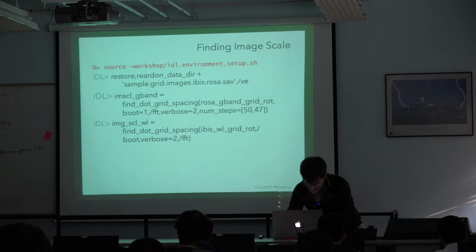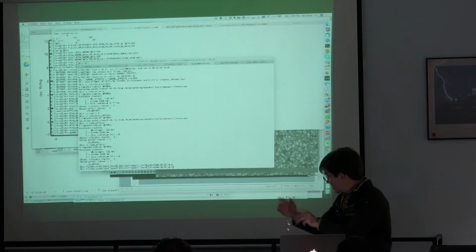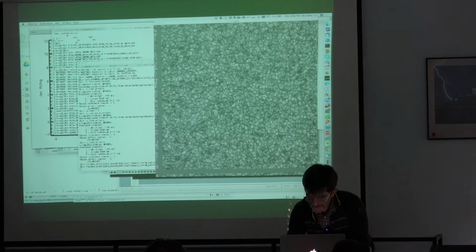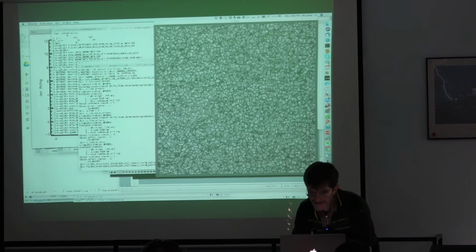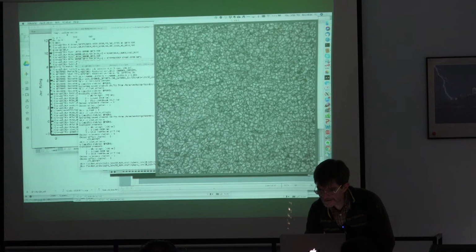It might be more illustrative. So let's see what the effect is here of the different plate scales.